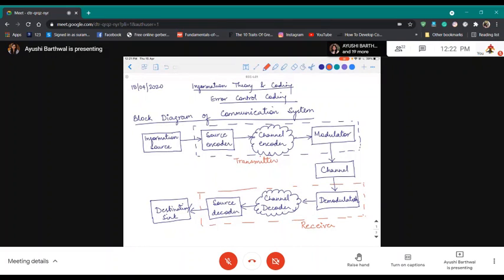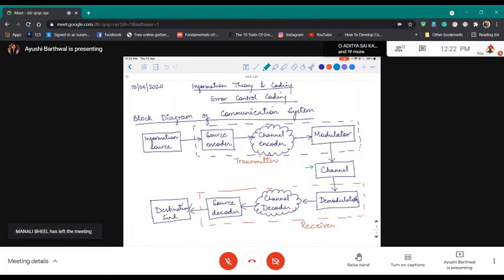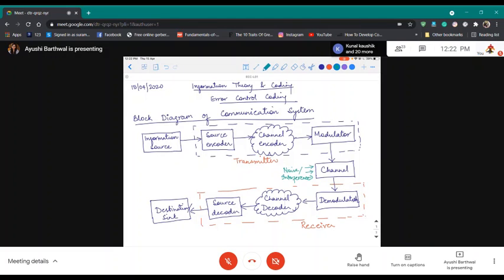Now, then we need a channel encoder. So why do we need a channel encoder? Let us understand that first. Channel encoder is needed because if a message is transmitted without it, if after the source encoder we directly modulate our signal and transmit it through the channel, what happens in the channel is that there is noise or certain interference present.